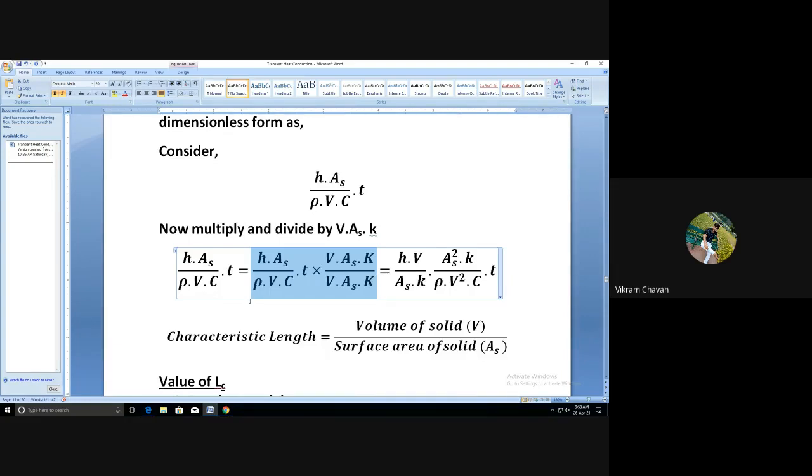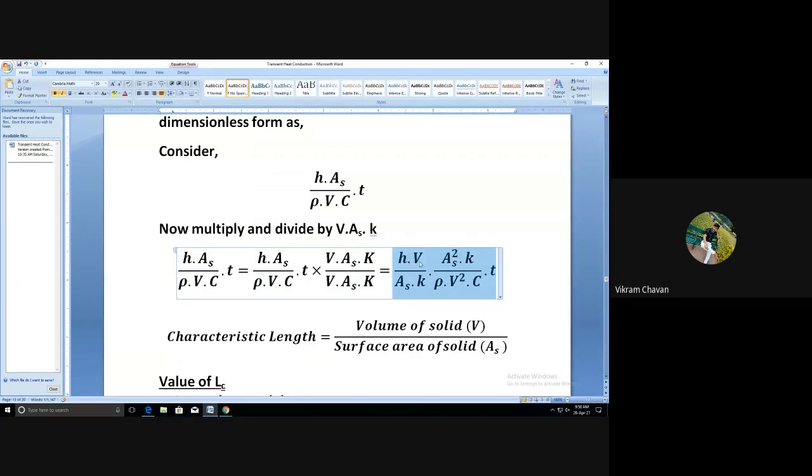So we'll get the equation as h multiplied by a suffix s divided by rho vc multiplied by t, multiplied by v multiplied by a suffix s multiplied by k, and divide by v multiplied by a suffix s multiplied by k. Okay, so we have rearranged this particular multiplication in this format.